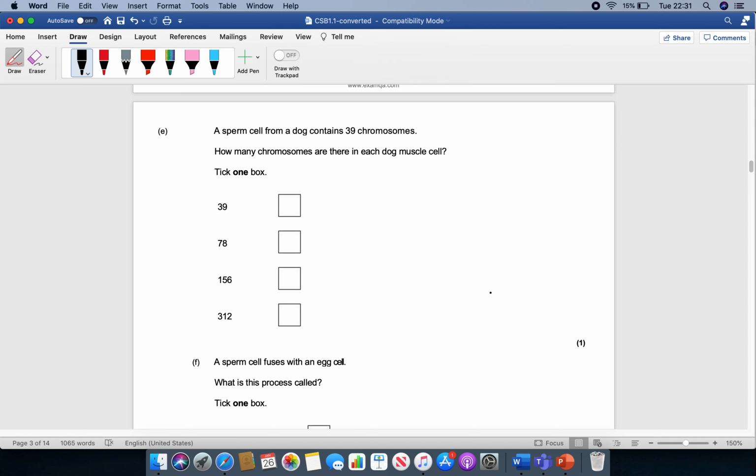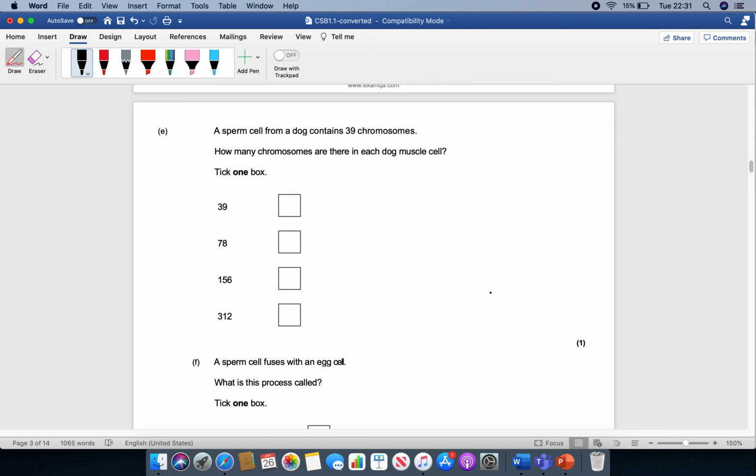Remember, a sperm cell is a haploid cell, so it contains only 1 of each chromosome. A normal cell contains 2 of each chromosome. So all we have to do here is 39 times 2, which gives you 78, and that would give you 1 mark.